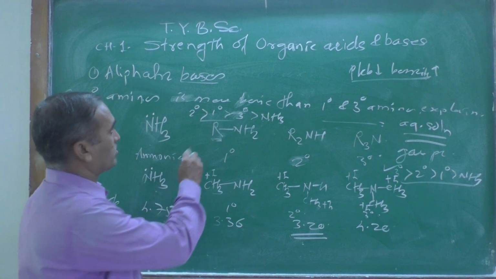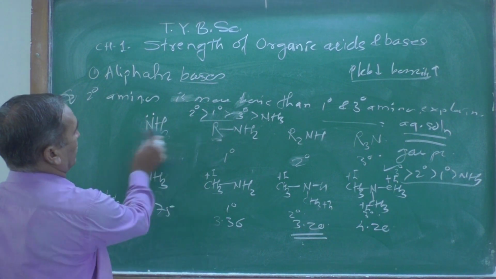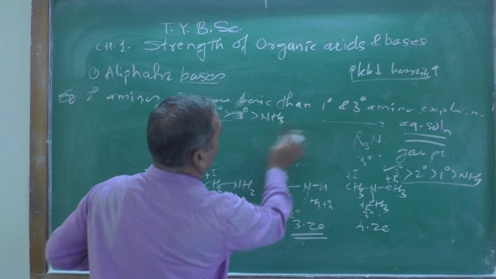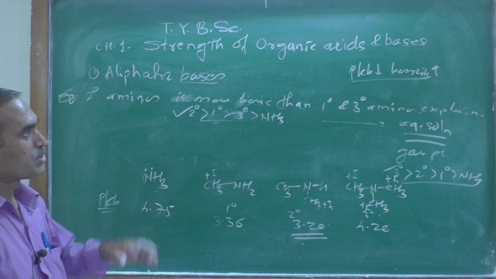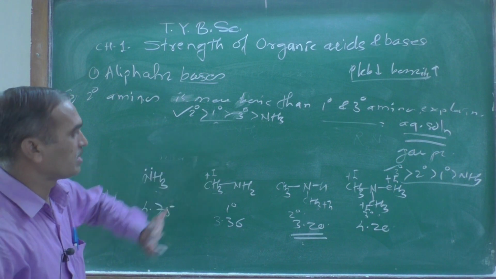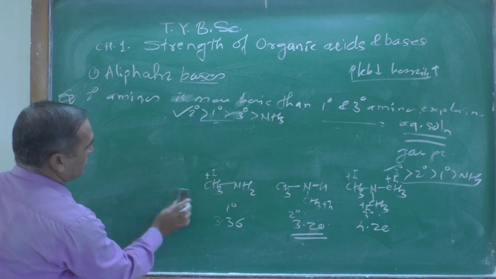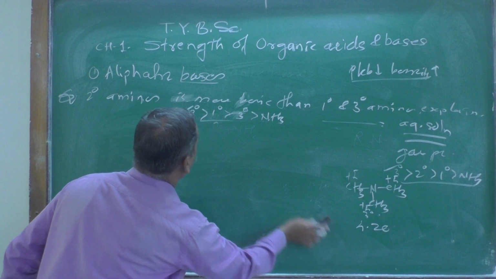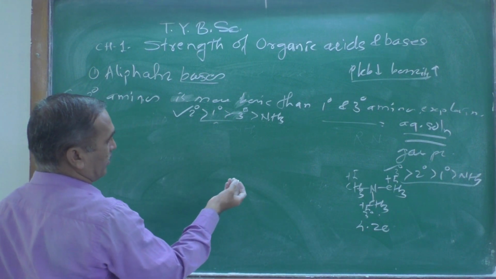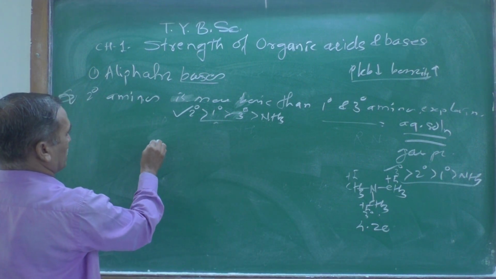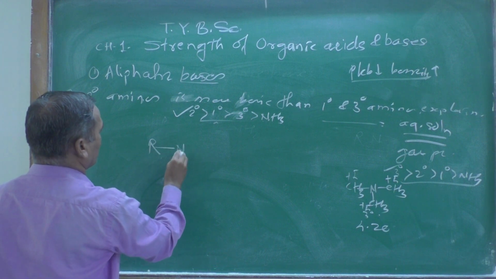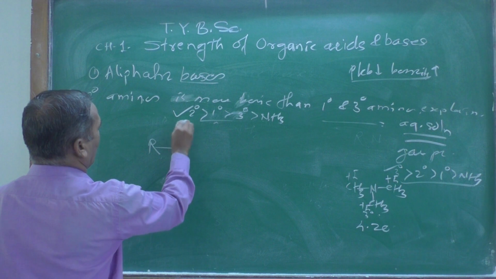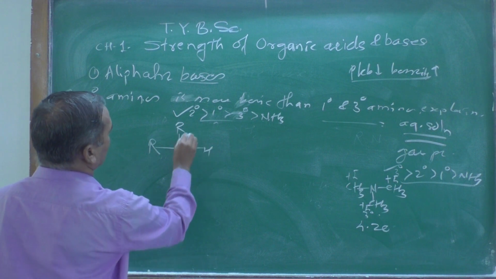But in an aqueous solution, like a water solution, what is happening? The secondary amine is found to be the strongest base among these. Why? The reason behind it: in an aqueous medium, suppose a secondary amine, here I am writing R, N, R, then H with a positive charge.